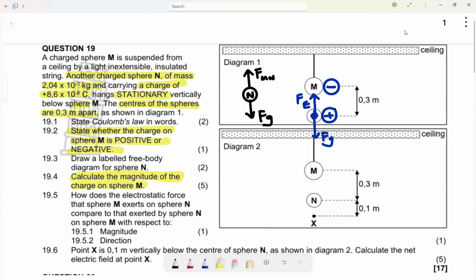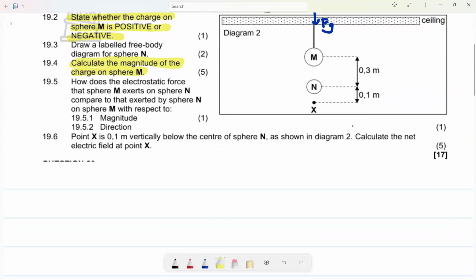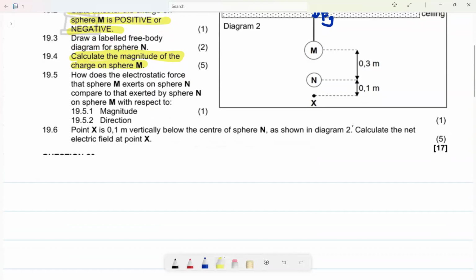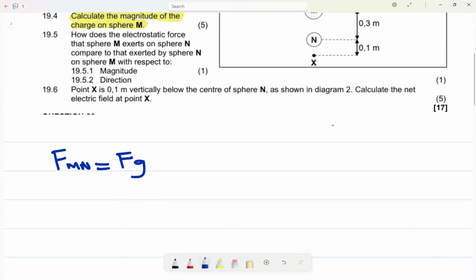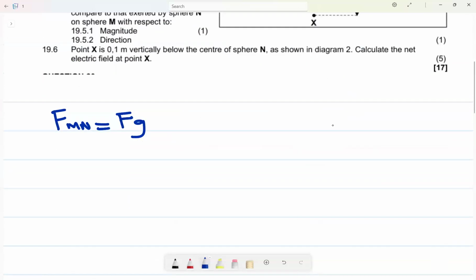When we talk about N, the force that M exerts on N should be equal to Fg. Therefore, the force that M exerts on N is the electrostatic force, so it's going to be k QM QN divided by the distance squared.